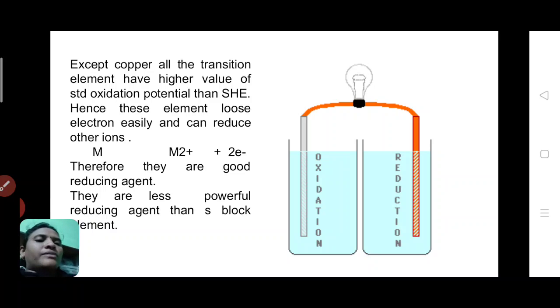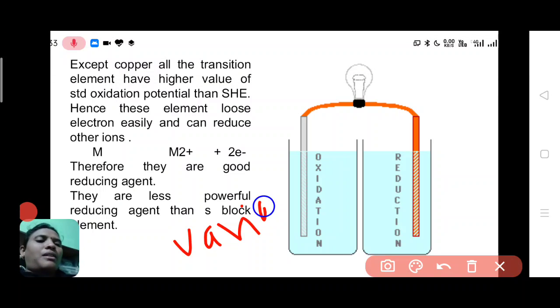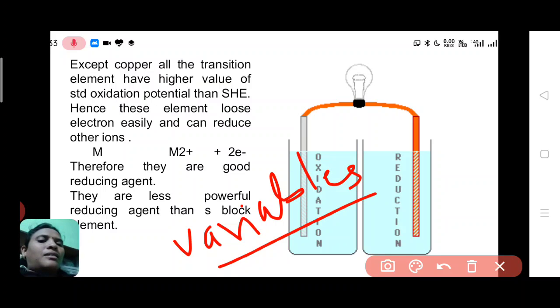That is called oxidation state. And d block elements show variable oxidation states. Variable oxidation state means they show more than one oxidation state, sometimes +2, +3, +4, +5, +6. So all the d block elements show variable oxidation states.